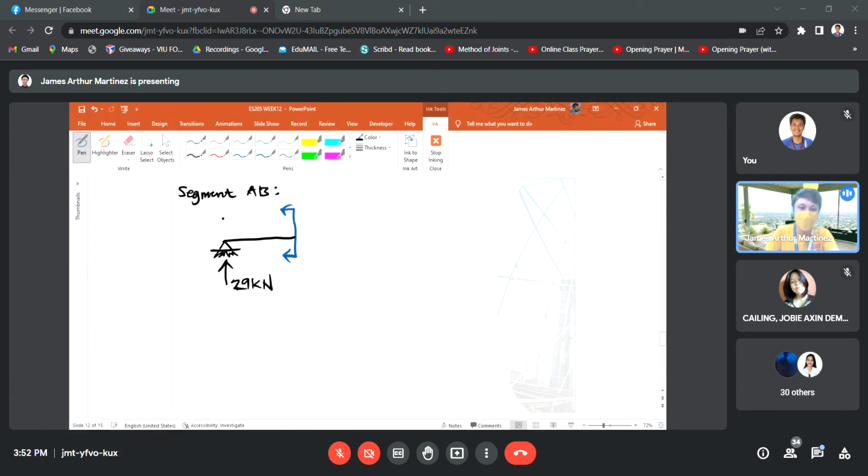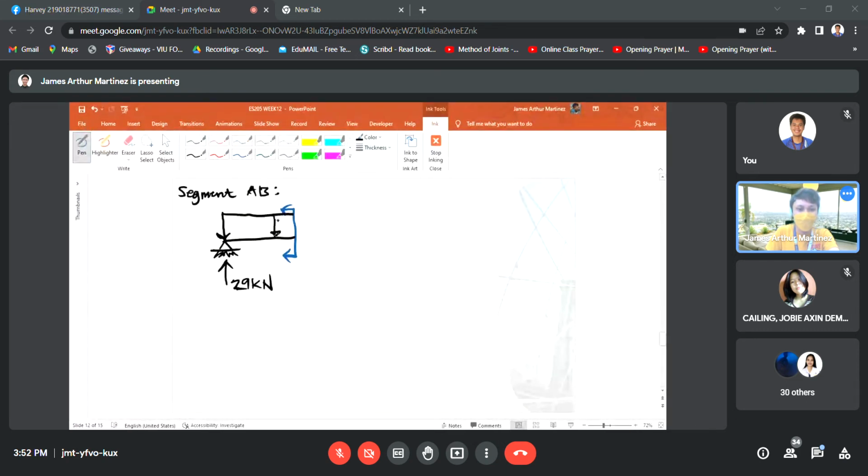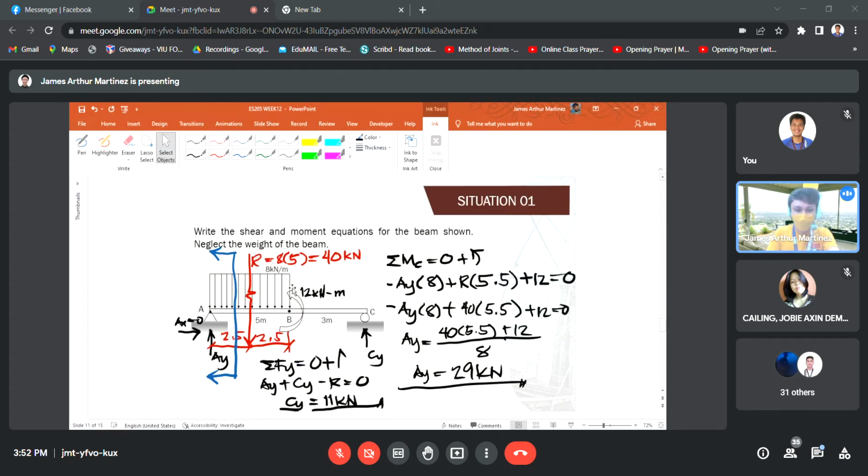And then, ang distributed load, up to 5 na. Ang magnitude sa distributed load is 8 kilonewton per meter, di ba?